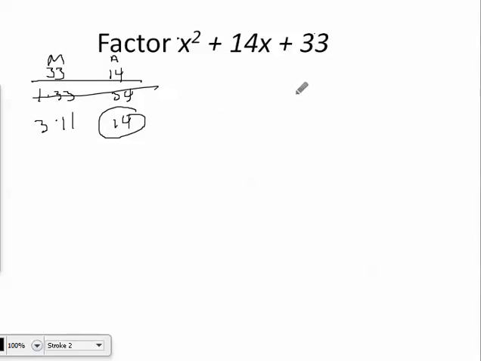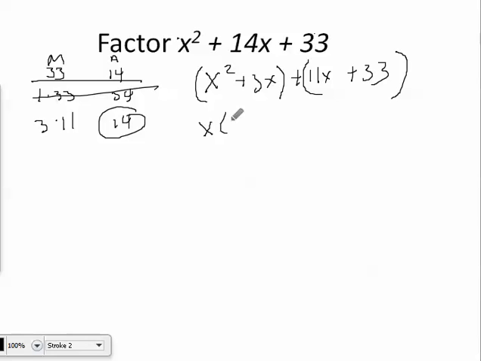So what I'm going to do, I'm going to break it down. X squared plus 3x plus 11x plus 33. I'm going to now group my first two together, group my second two together, and I'm going to factor out of them. I get an x and an x plus 3.